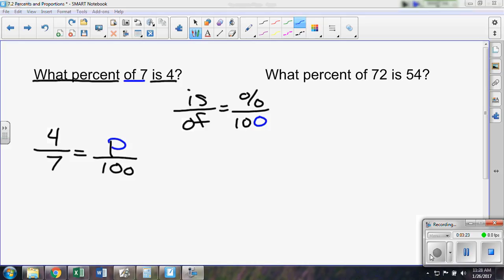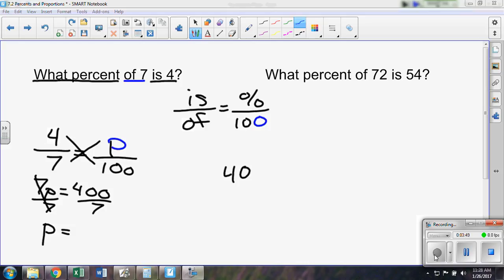And so we just have to cross multiply, solve this proportion then. 7 times p, 4 times 100, divide out by 7, and I'm going to choose to keep this in a fraction form. 400 divided by 7 equals how much?